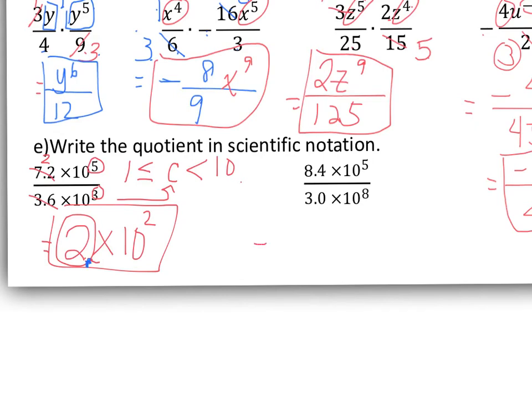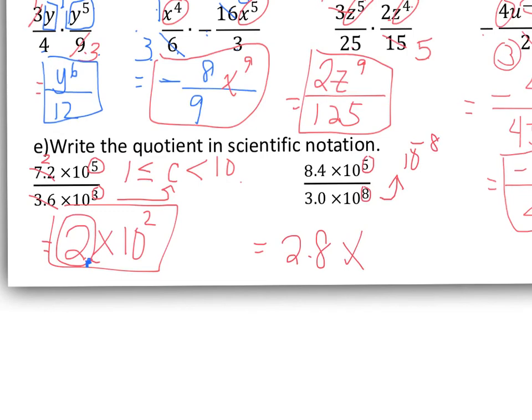Okay, and this one, 8.4 divided by 3, we should get 2.8. Okay, and then I see that this is 5 and 8, and for the purpose of writing your answers in scientific notation, I'm just going to move 10 to the 8th power up to the numerator so it becomes a negative power.